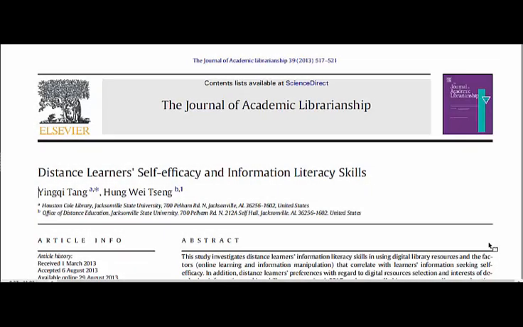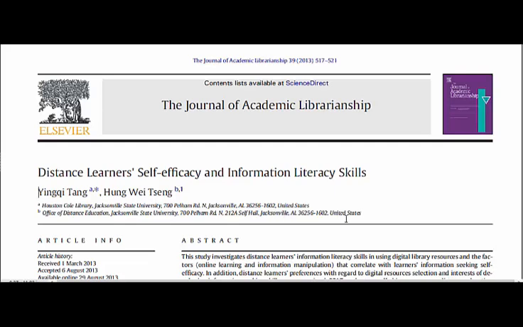The second criteria we are applying is authority. We said authority is the credibility of the author and publisher. This article is authored by Ying Teng and Hung Weng Seng. Both the authors are affiliated with the Jackson State University, which is situated in the United States of America.